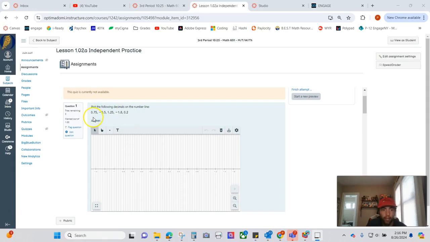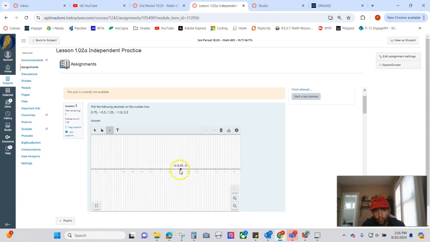To plot a point on the number line, I will click on my point tool. And now let's find positive 0.75. On the number line, we start at 0, which is right here. Positive numbers are to the right.